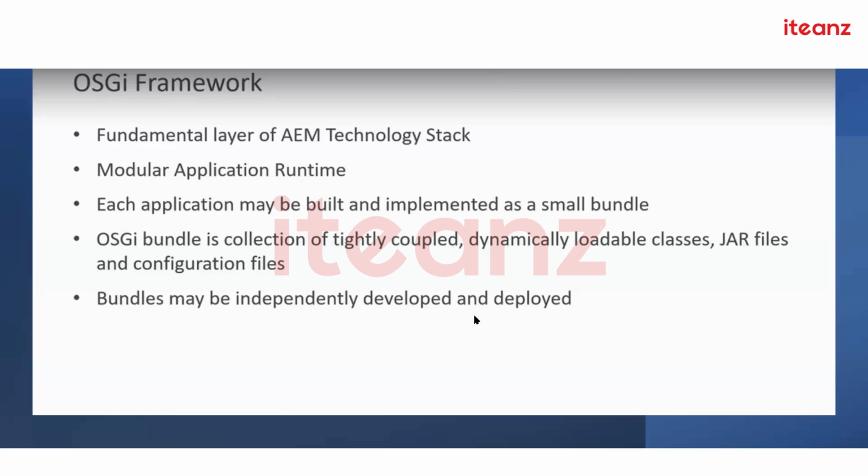I can independently develop and deploy a bundle in our OSGi framework, and I can have dependencies too. Suppose application one bundle is dependent on application two bundle. Those kinds of dependencies we can have, but I can develop each independently and install it on my system. So if I am developing any application, I install it on my AEM instance using this OSGi framework.